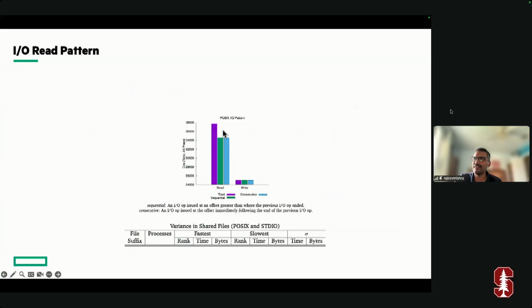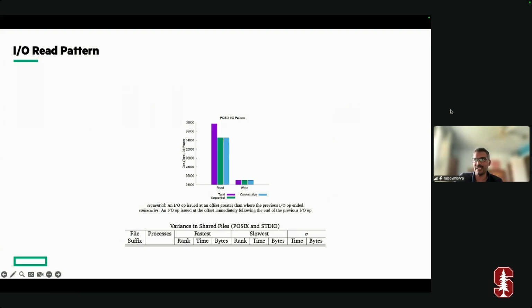Most of the reads are sequential, and for some portion Darshan is thinking it's not sequential or consecutive, so they may be random. At this point, I don't know.